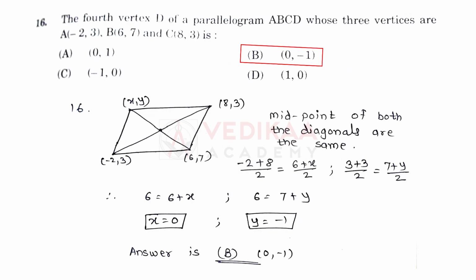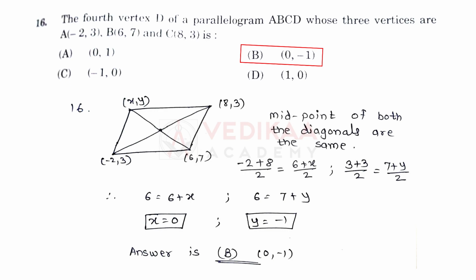Question number 16. Parallelogram ABCD was given, three vertices were given and it is required to calculate the coordinates of the fourth vertex. Now from the midpoint theorem, you can easily calculate this. The midpoints of both the diagonals are the same. So whenever it is asked, you have to solve it with the help of the midpoint theorem.